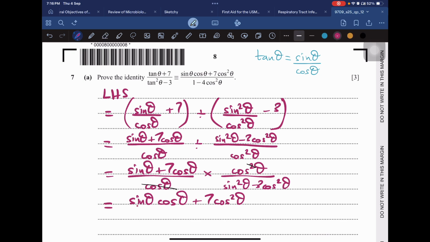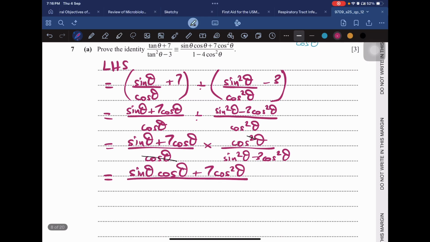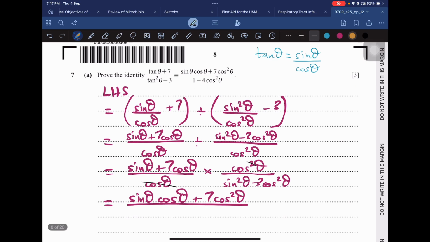Now we have to work on the denominator. For the denominator, what I can do is add and subtract cos square theta. Or in fact, let's just do this. We have this identity, sine square theta plus cos square theta equals 1. So I can write sine square theta equals 1 minus cos square theta, right?